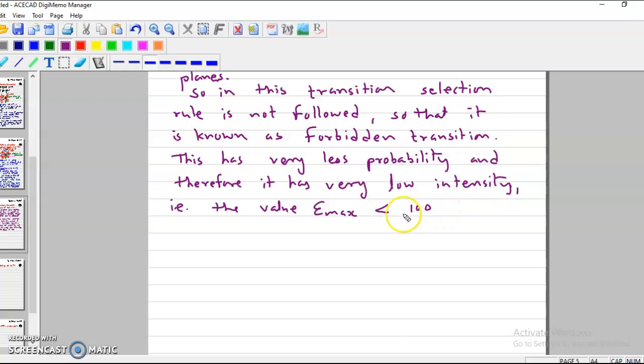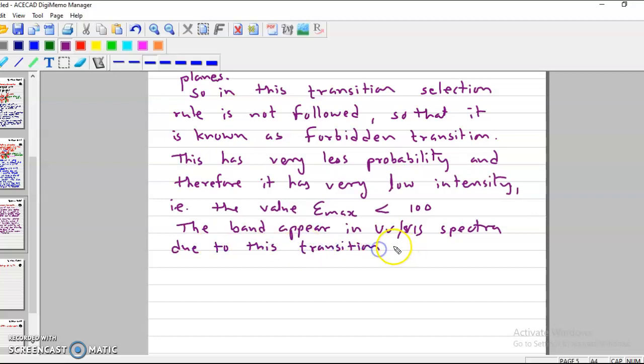So this is the characteristic of n to pi star transition, and as it has a very low value of epsilon maxima, the band appearing in UV visible spectra due to this transition would be very small and is known as the R band.